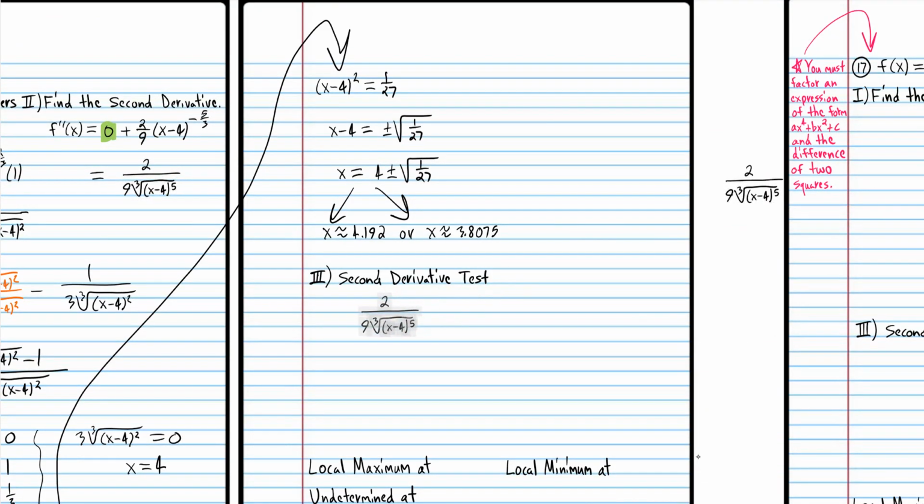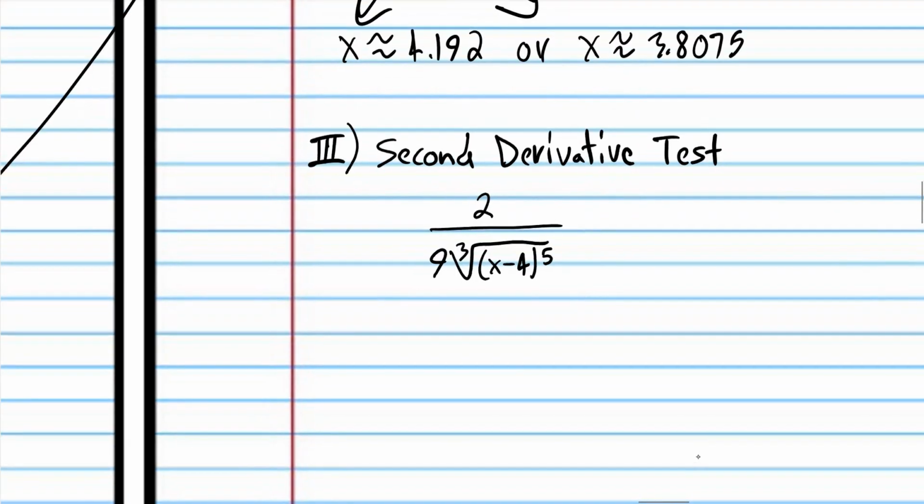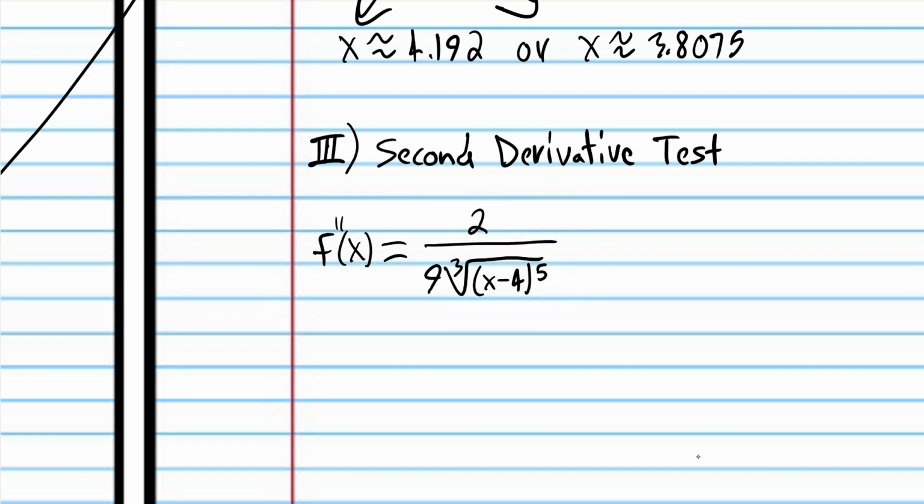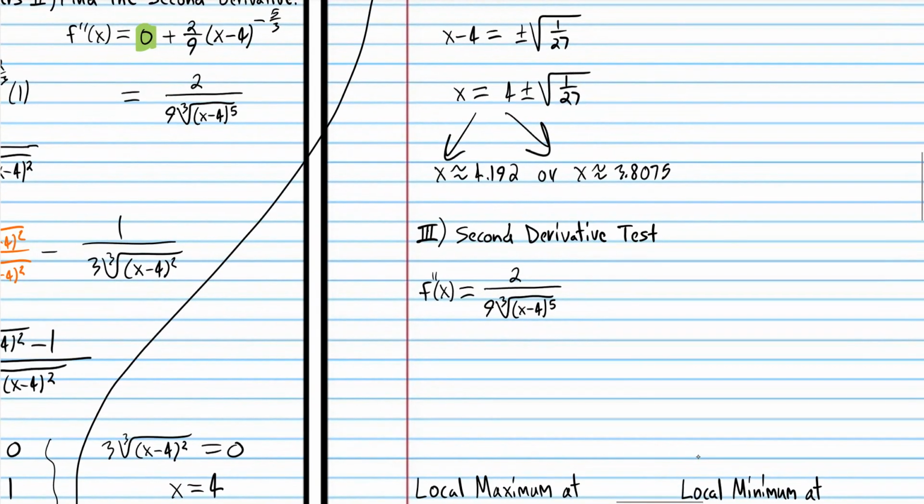We'll put that here, and we need to evaluate that at the critical numbers. So one critical number is 4 plus the square root of 1 over 27.